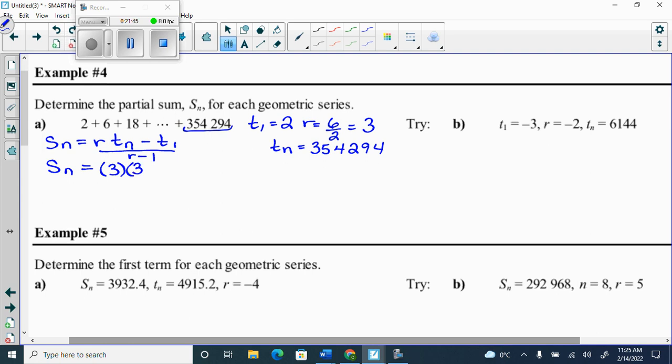Tn is 354,294 minus T1, which is 2, over 3 minus 1. So everyone's typing it in. This one just gets typed in. Especially for your calculator, I would pick this one, because the other one's more complicated.